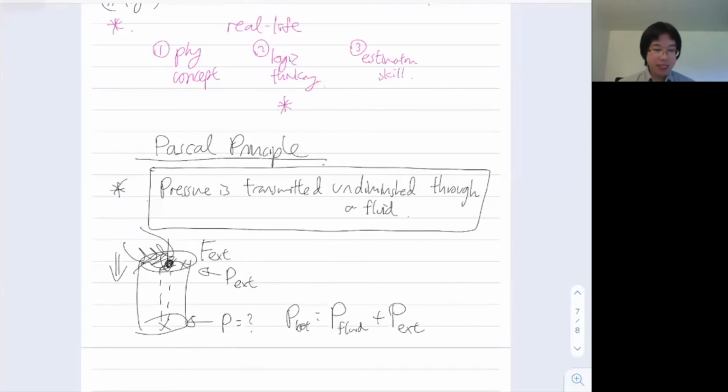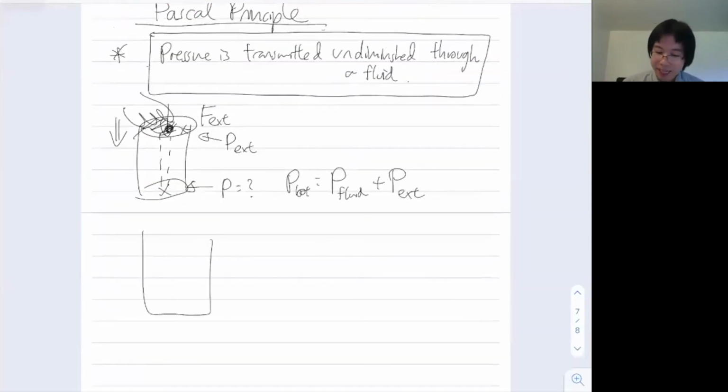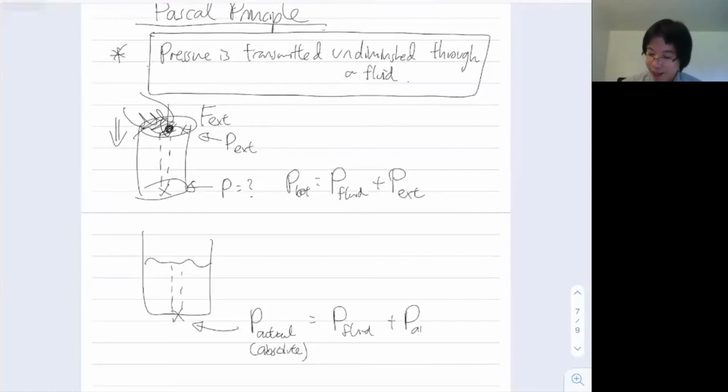Okay? So if you have a beaker like this, and you want to find the actual pressure, sometimes called absolute pressure, not just the pressure due to the fluid, but the complete, total, absolute pressure at this point, it will be the pressure due to the fluid plus the pressure due to the air. So everything on top will contribute over here.